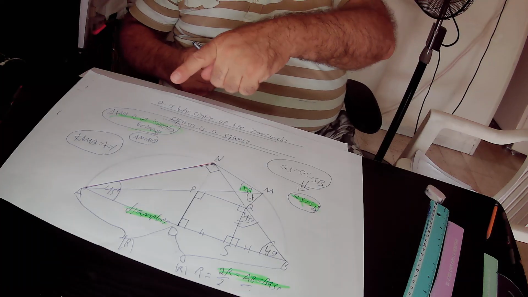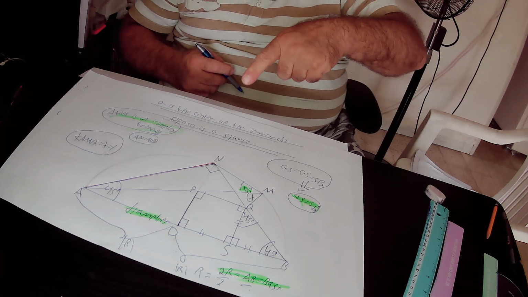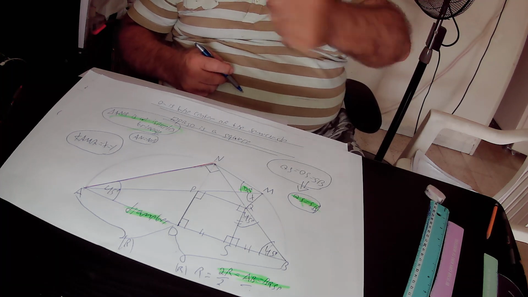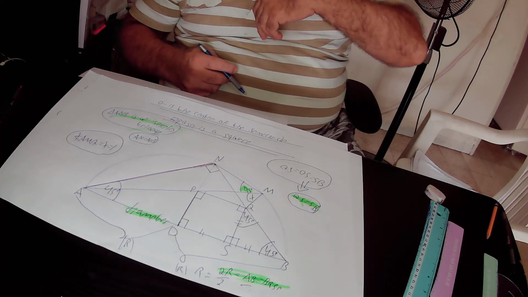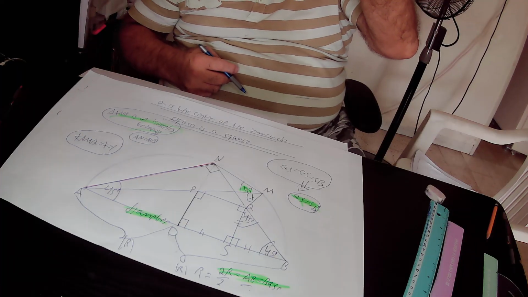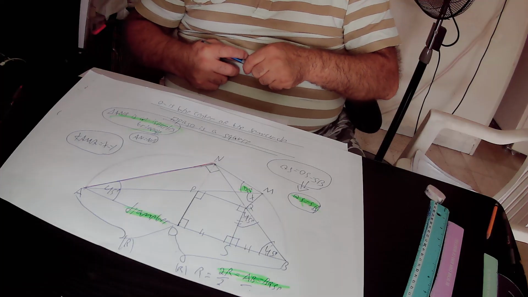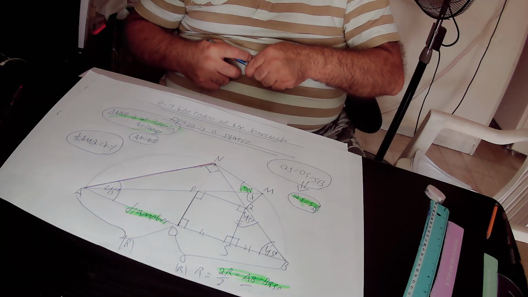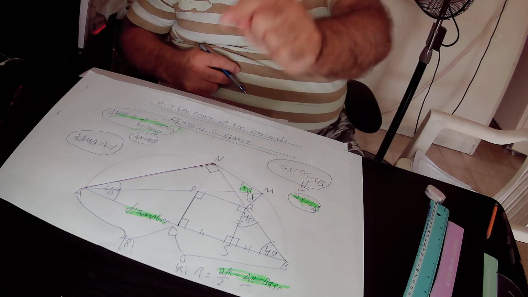We know that according to rule 24, the perpendicular from point N bisects the base AB. AB also equals 2R, and AB is also the diameter of the semicircle. So the perpendicular from point N bisects the diameter. Therefore, if it bisects the diameter, it must touch the diameter at its midpoint.